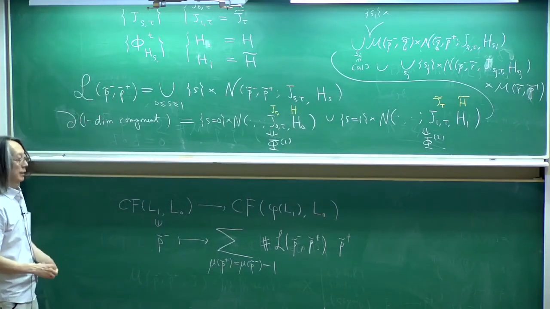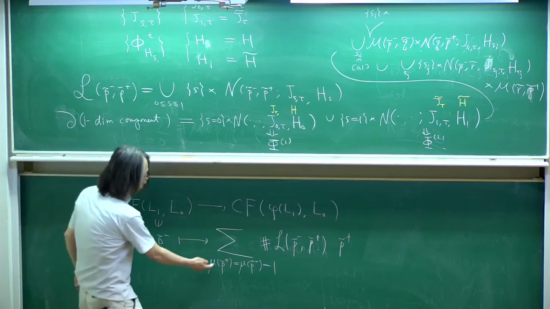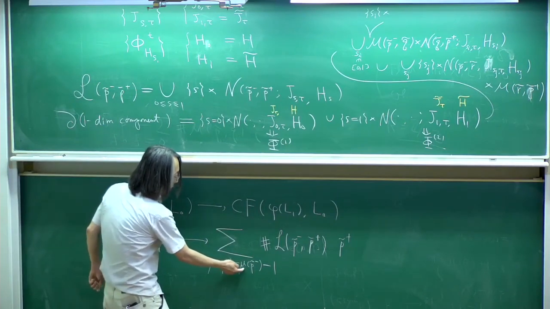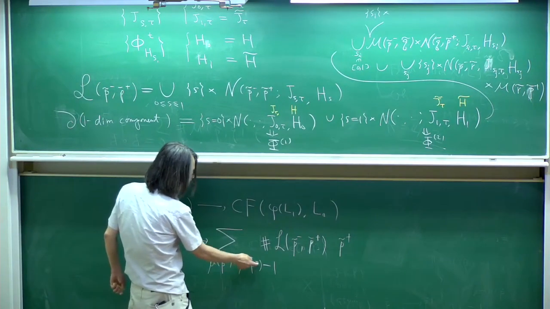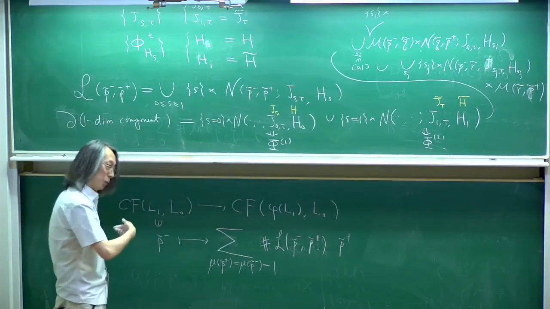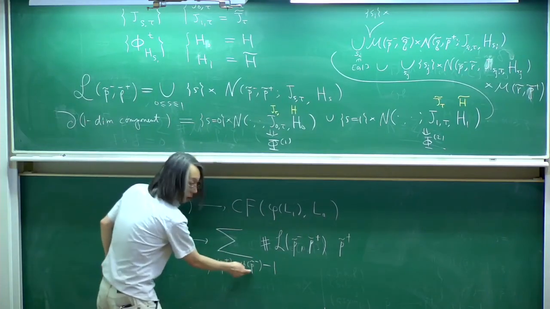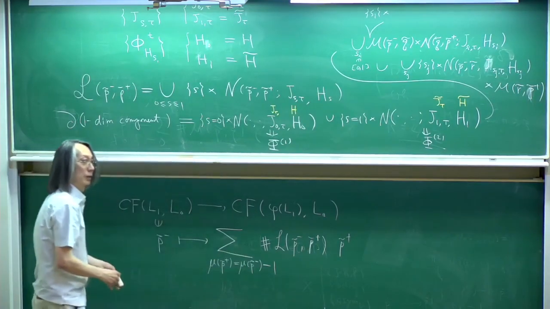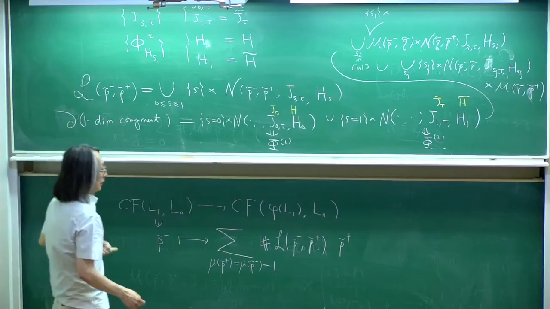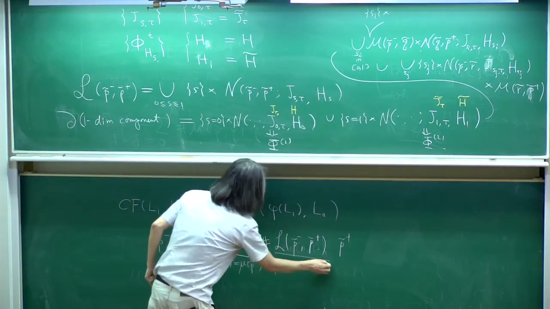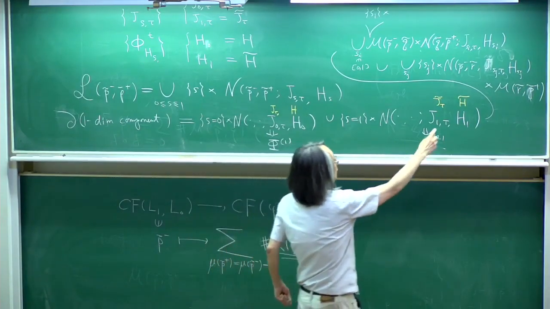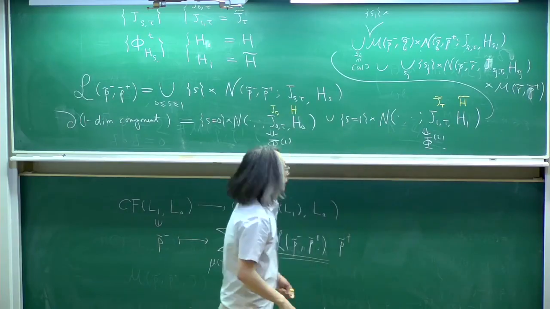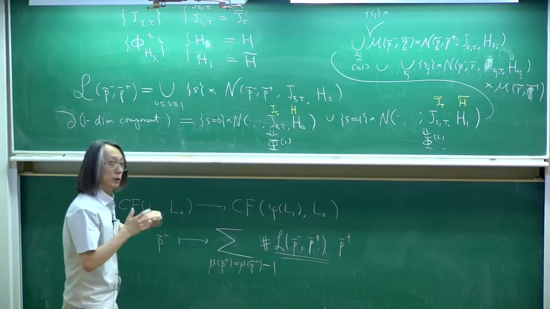Yeah? In the case of boundary operator, it is mu P tilde plus is mu P tilde minus plus 1. In the case of homomorphism, they are equal. Now we are considering chain homotopy, so therefore this is equal to minus 1.